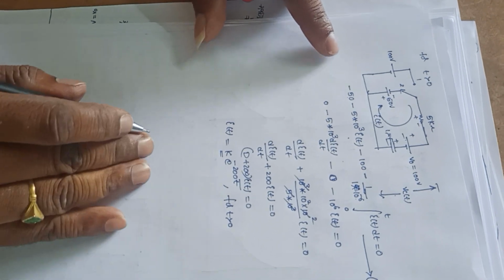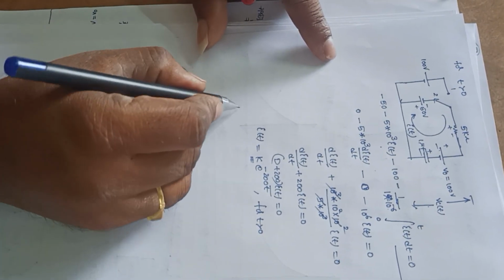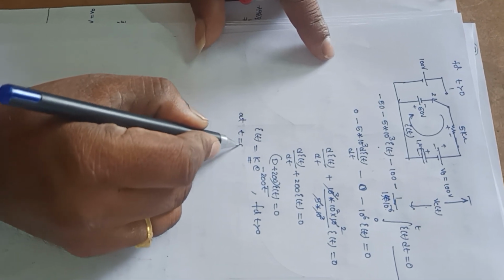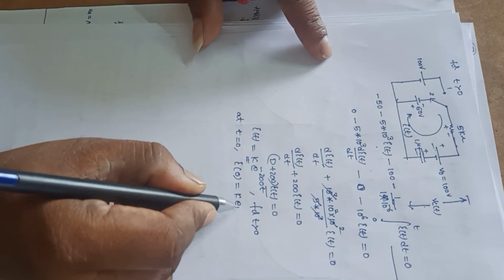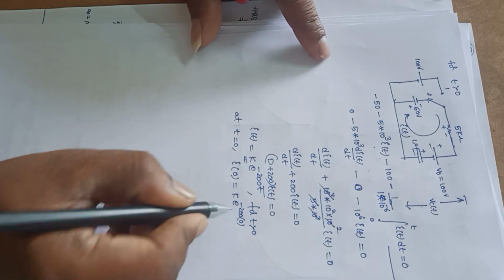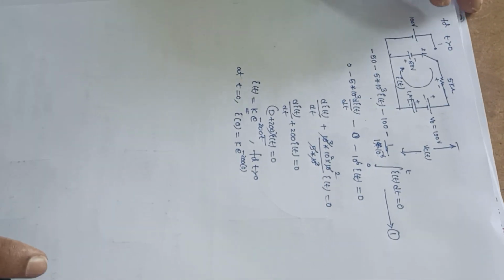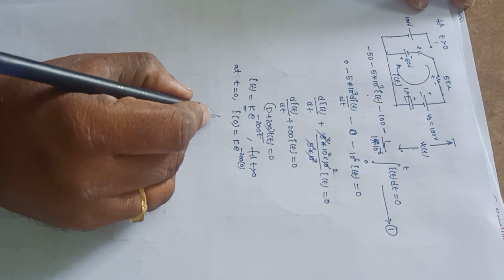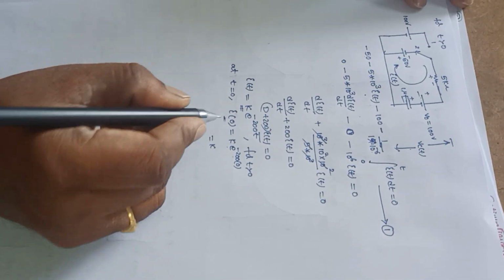And I need to find this arbitrary constant k using the initial condition, that is at t is equal to 0, the value of I of t, I of 0, is equal to k into e power minus 200 into 0. So here it is k into e power 0, e power 0 is 1, so k is I of 0.